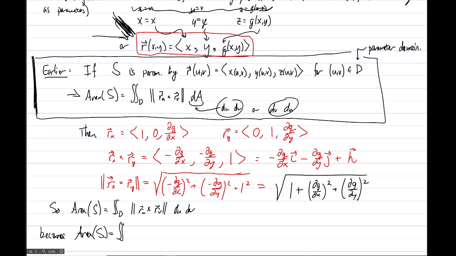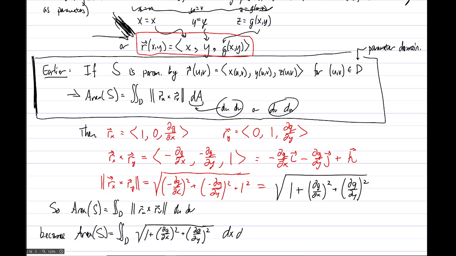We end up with the double integral over D of the function root 1 plus partial derivative of g with respect to x squared plus partial derivative of g with respect to y quantity squared. And then the dA here will now be a dx dy or dy dx.